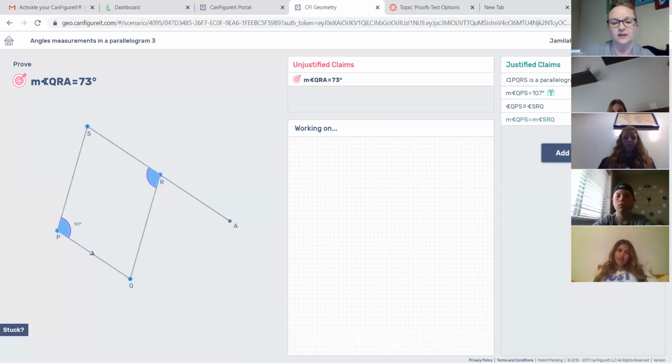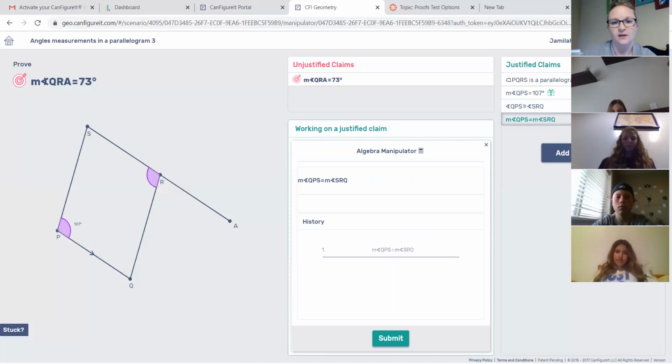If I click on this calculator out here, it shows that the measure of this angle is equal to the measure of this angle. But over here in justified claims, that QPS shows up as well. Can you guys see that? Watch this magic trick. QPS, drag, click on it, hover QPS over QPS, and what does it do?